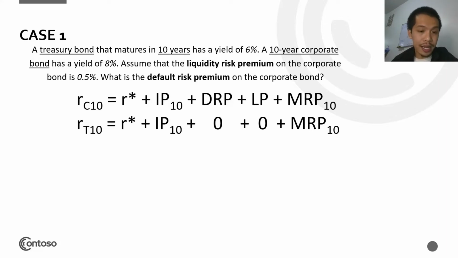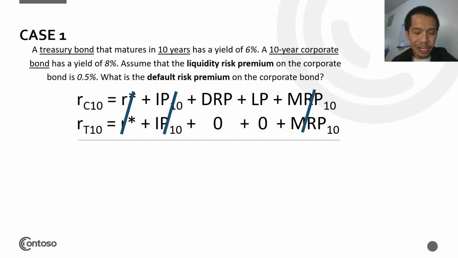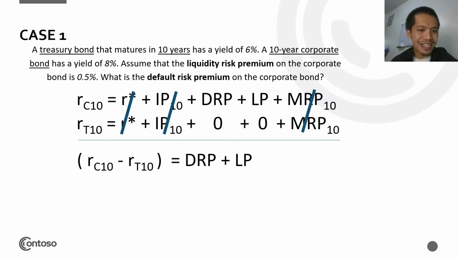Deducting the second equation from the first one, R star is cancelled, the inflation premium for 10 years and the maturity risk premium for 10 years are also cancelled. What remains is R sub C10 minus R sub T10. This is equal to the default risk premium plus the liquidity premium.